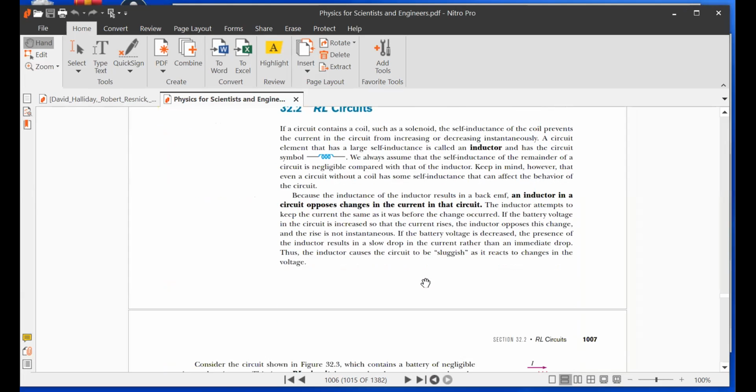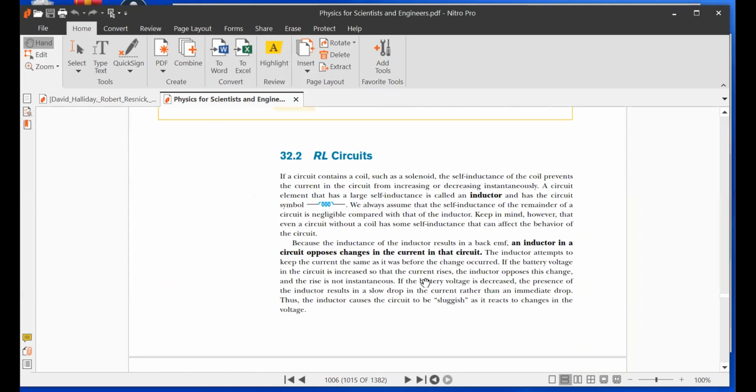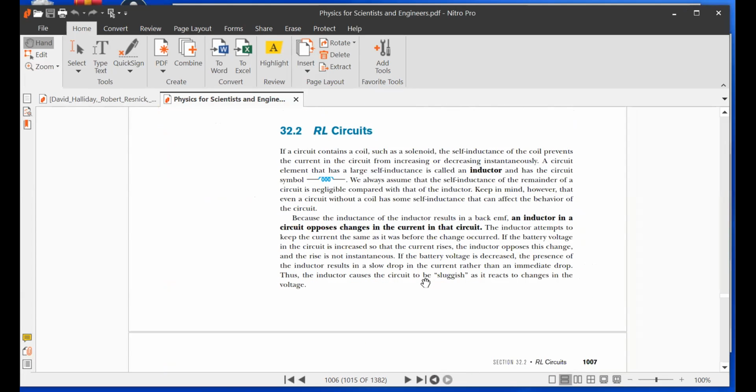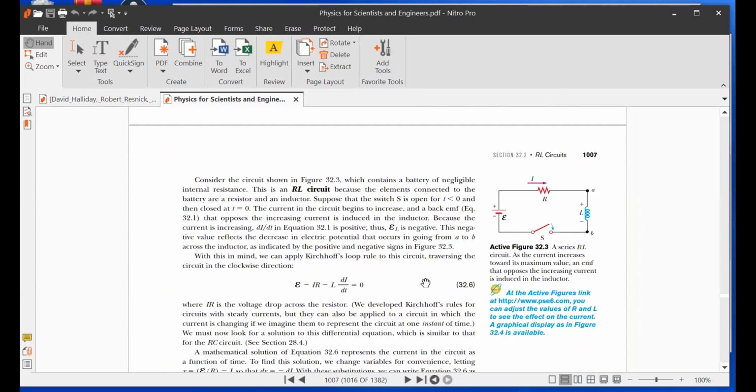If not, let us consider the RL circuit. In this RL circuit we have a DC electromotive force. If this is ideal, the electric current is constant if we close the switch.